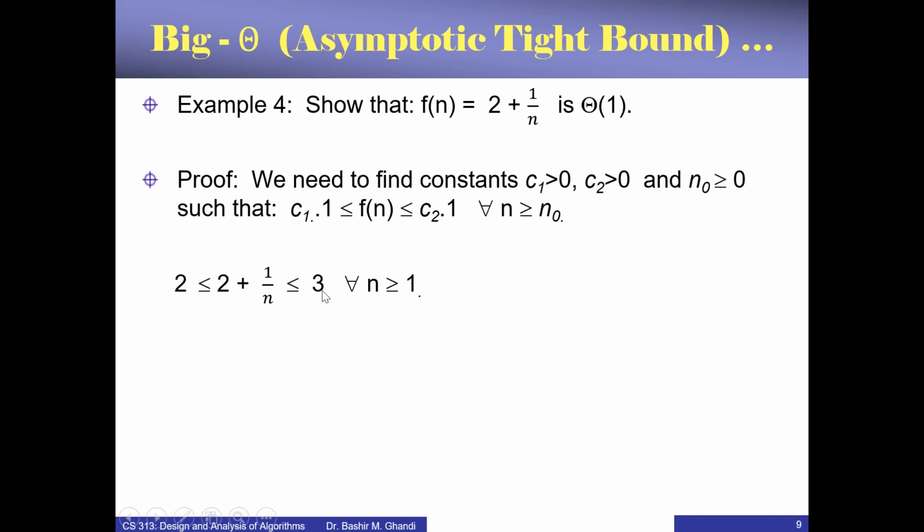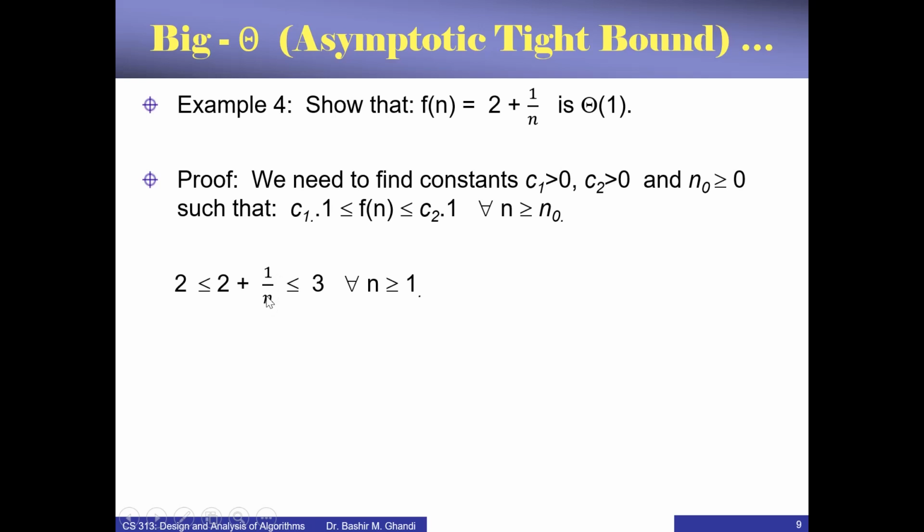What about the right hand side? We are saying this is less than or equal to 3. Why is that? Because the biggest value you can get in this fraction, 1 over n, is if n is equal to 1. So that you have 1 over 1, which is 1, and 2 plus 1 will be 3. Any other value bigger than 1 is going to make this less than 1.